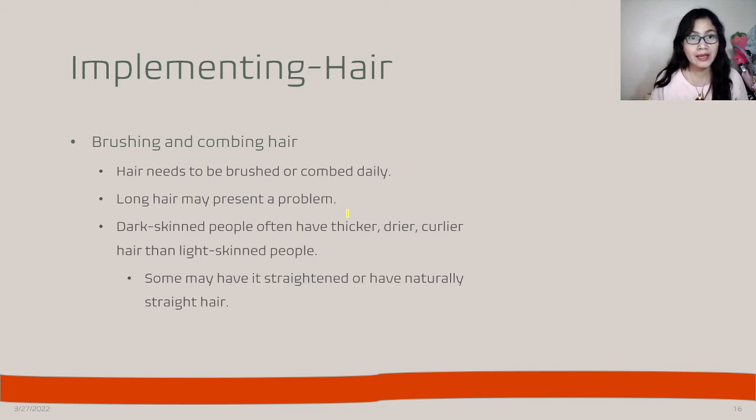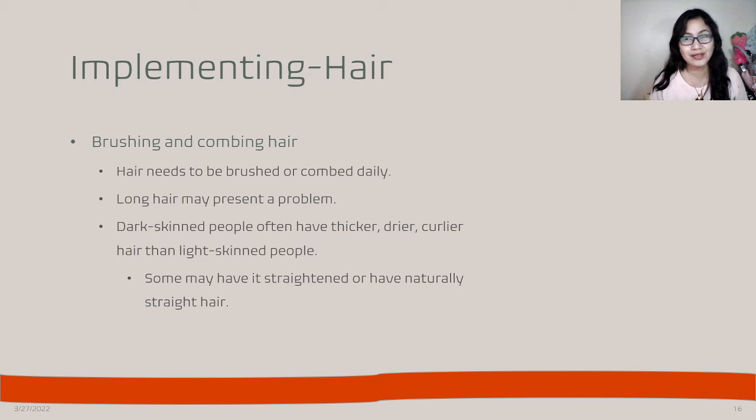Long hair may present a problem depending on the condition of the client, especially their capabilities to care for their hair. Dark-skinned people often have thicker, drier, curlier hair than light-skinned people. Some people may have it straightened or have naturally straight hair.